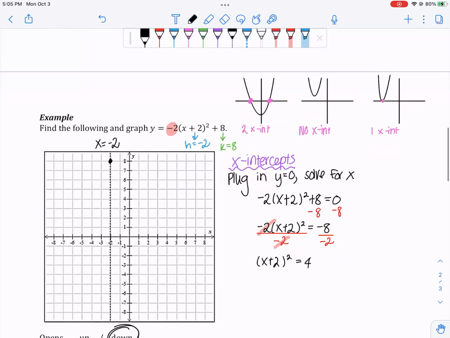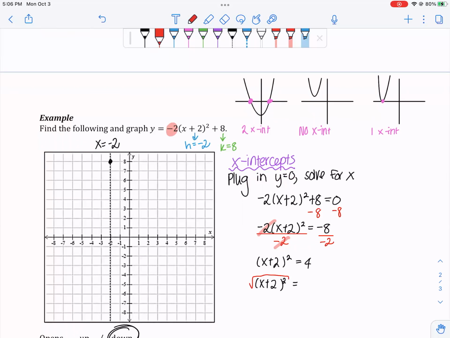If we use the square root property and take the square root on both sides, we need to put a plus or minus on the other side, as that is part of the square root property. The square root property, if you don't remember, says that if x squared is equal to c, then x is equal to plus or minus the square root of c.